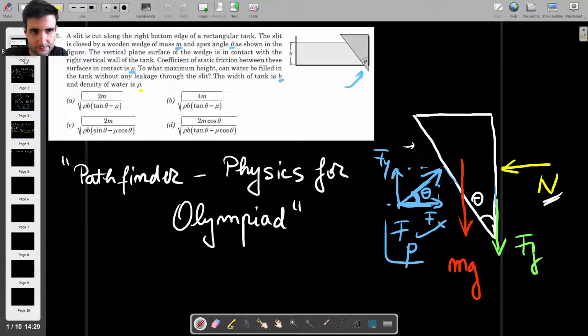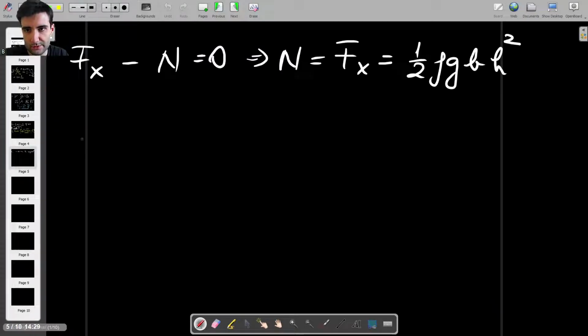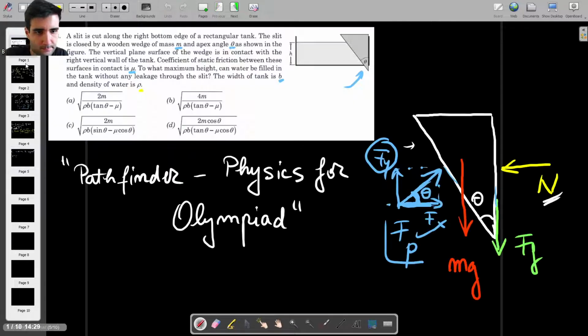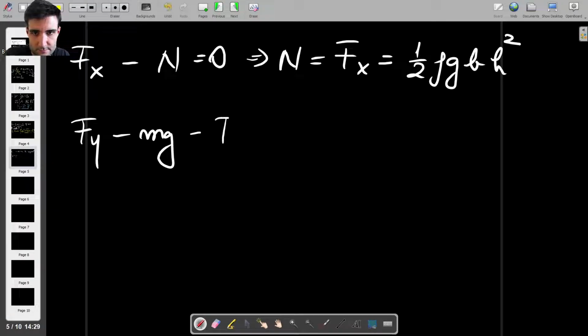We've got one force acting upwards, that's Fy, and we have two forces acting downwards. So we've got Fy minus mg, and then minus the friction, Ff, is equal to 0.